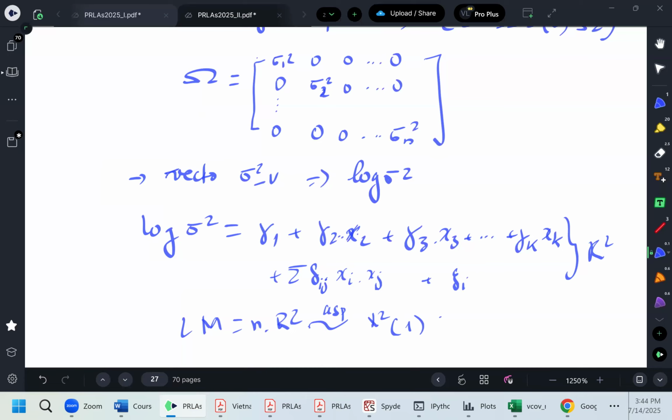Okay. So if we do not study the LM before, and then when you read a simple text like Wooldridge, you will start wondering, so how can people do this? How can people take n number of observations times the R square in this auxiliary regression?